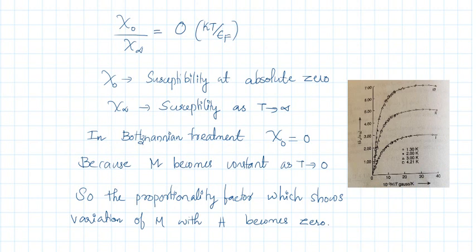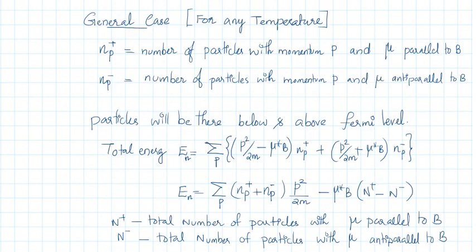But in the case of Fermi gas treatment, we got a susceptibility value even at absolute 0, and that susceptibility value is independent of temperature but depends on the density of gas. So that is the difference between the two treatments. Now we will consider the general case, that is for any temperature.